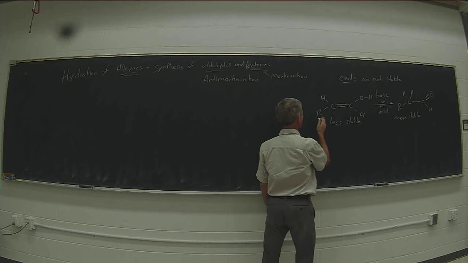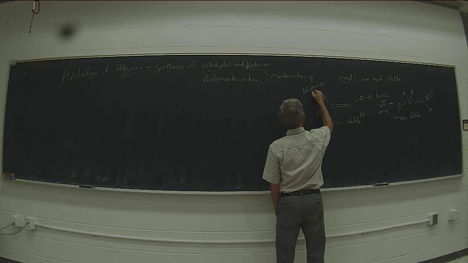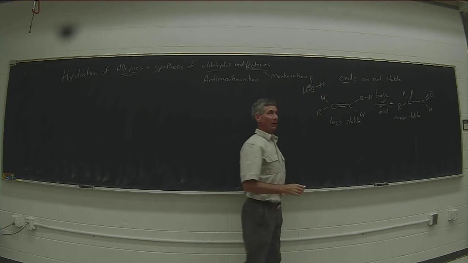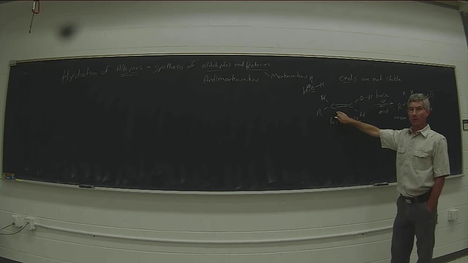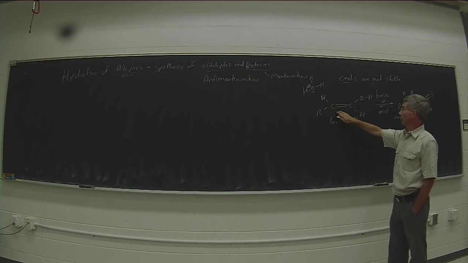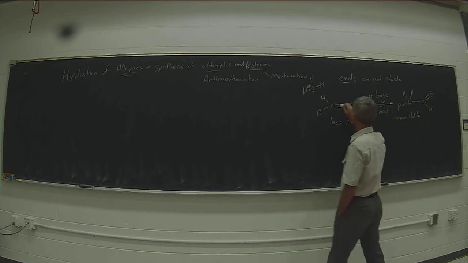And the mechanism is actually pretty straightforward. In acid, it behaves an awful lot like the monoaddition product of HBr across an alkyne, right? Where you have a bromine here that's able to stabilize a positive charge.